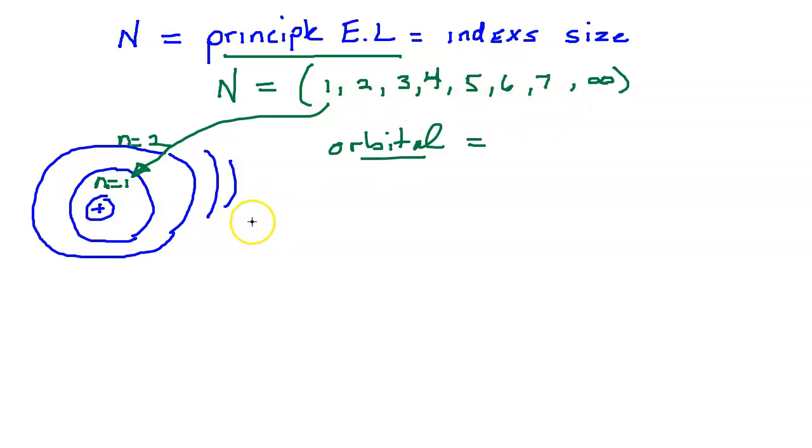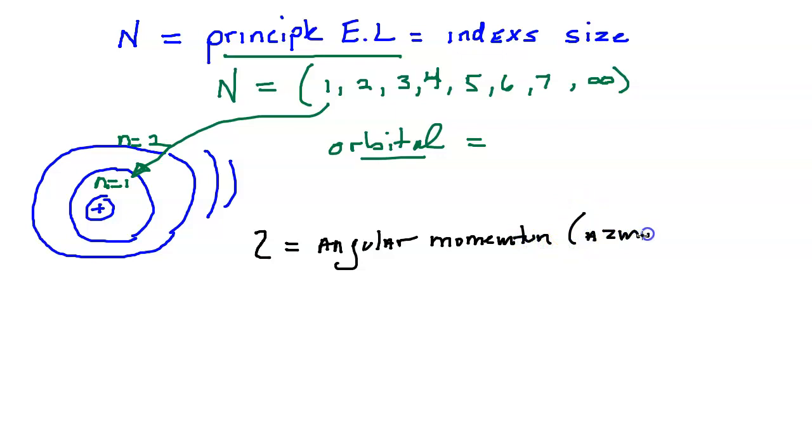Now, that's the first one. The second quantum number is this kind of script L. Sometimes it's called the azimuthal, sometimes it's called the angular momentum quantum number. You'll hear it both ways.